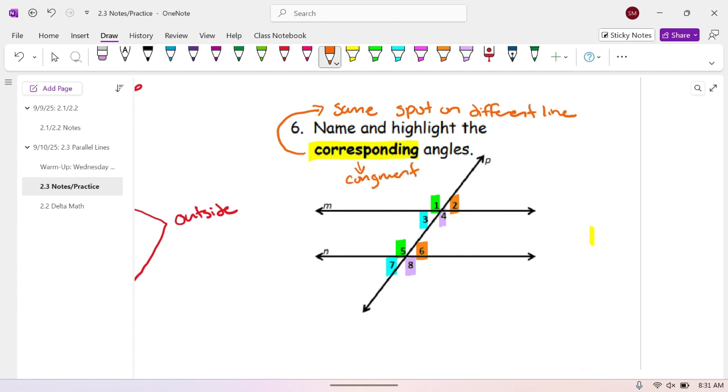So corresponding angles are congruent. Angle 1 is congruent to angle 5. Angle 3 is congruent to angle 7. Angle 2 is congruent to angle 6. And angle 4 is congruent to angle 8.